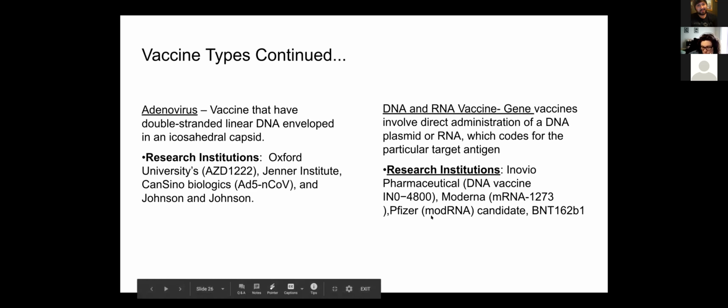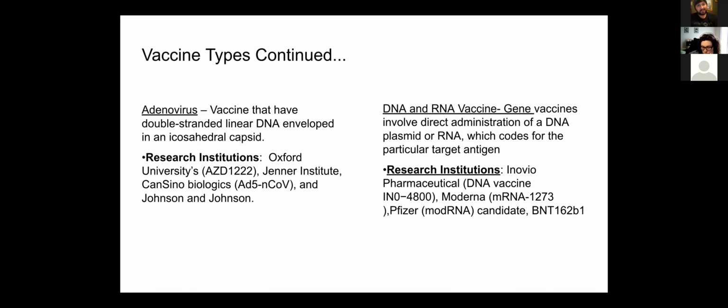Another thing we have to see is that the Inovio pharmaceutical, the one that is actually doing the DNA plasmid vaccine, is in phase 2. That's what it mentions in the paper.